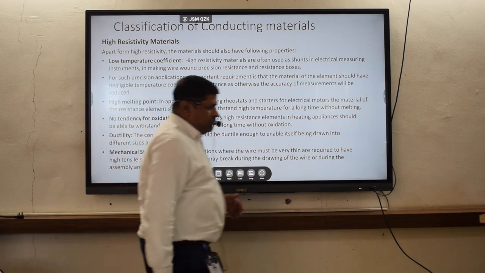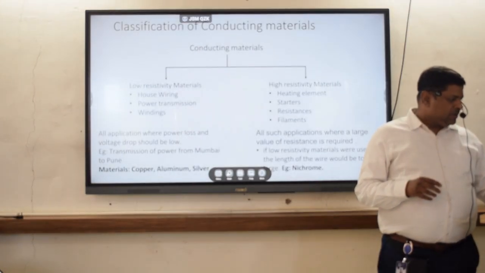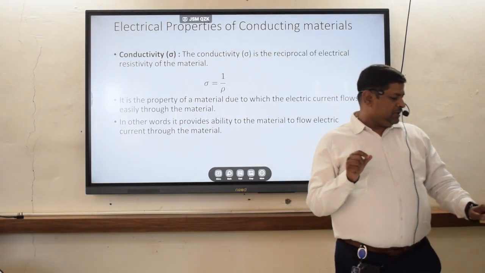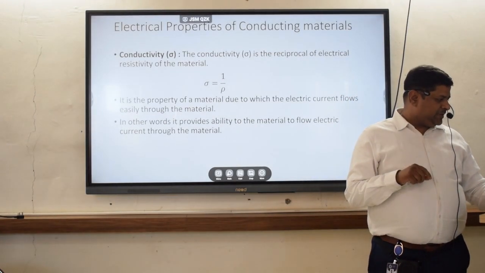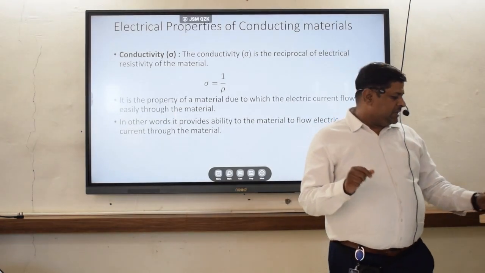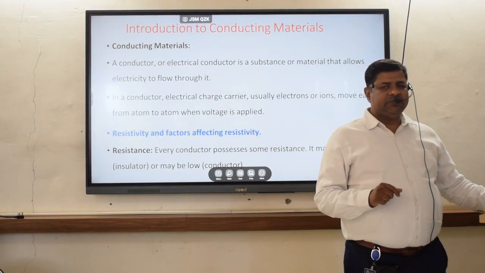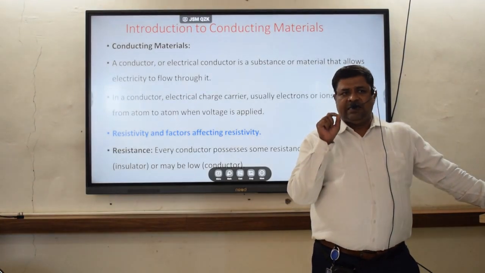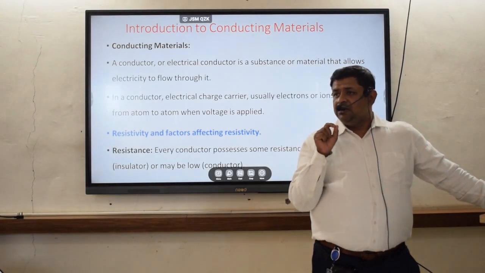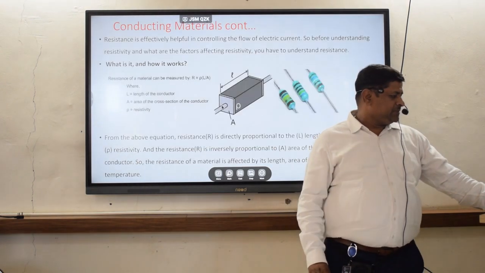In the examination, you may have questions on this: define the resistivity of the material, or explain resistivity and conductivity of the material. For that you have to write this kind of explanation, specifically for electrical materials.